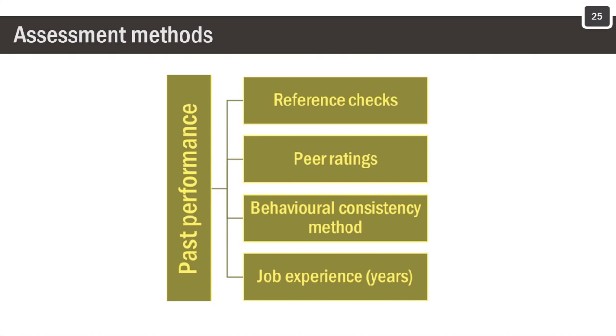Then there are the descriptions that individuals provide in their resumes about their job experience. Of course, you're familiar with those. The method with which you may not be familiar is something called the behavioral consistency method, which refers effectively to past achievements. The behavioral consistency method is based on the psychological principle that the best predictor of future performance is past performance. In developing this method, the first step is to determine what achievements and accomplishments best separate the top performers from low performers.